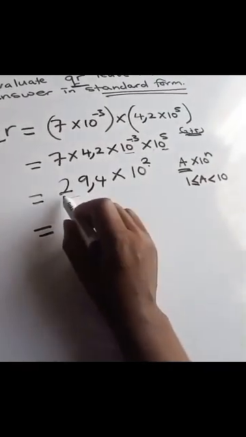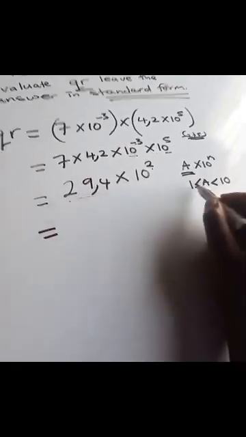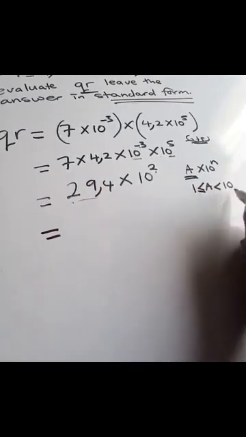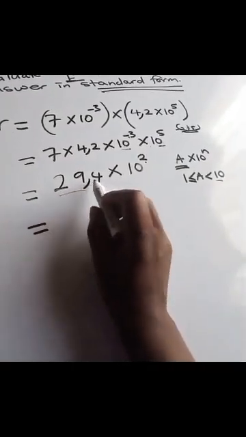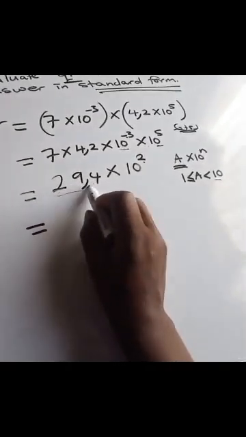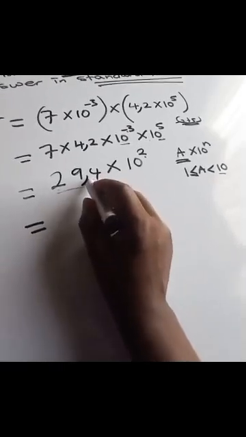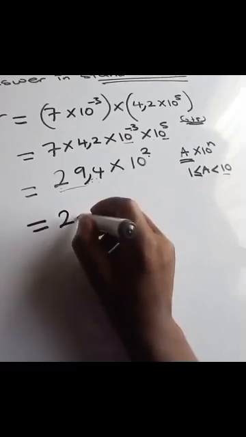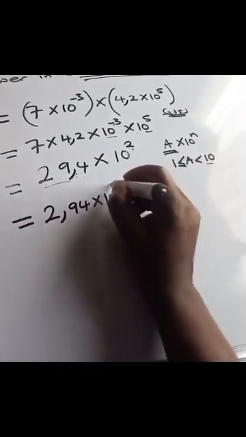So this first number a is 29,4, which is more than 10. So we are going to express 29,4 in standard form. We are going to move the comma in between 2 and 9. So it becomes 2,94 times 10 to the power of 1.